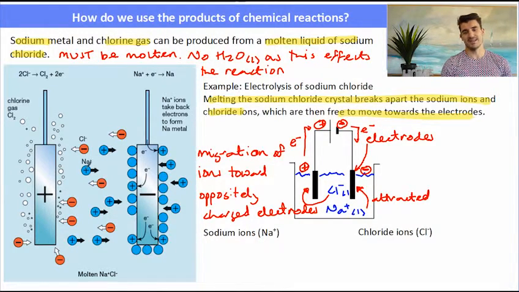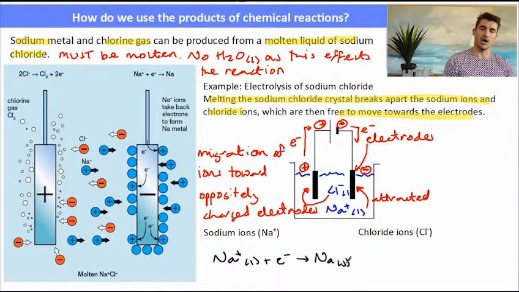Now when they get to that electrode, a reaction occurs. The sodium ions will gain an electron from the negatively charged electrode to form sodium metal. The chloride ions, as they make their way towards the positively charged electrode, will lose an electron to form chlorine gas. So sodium goes from an ion to a solid, or a liquid, because we've got this at a high temperature, so the liquid would float to the top.